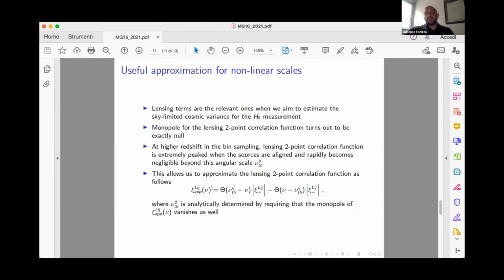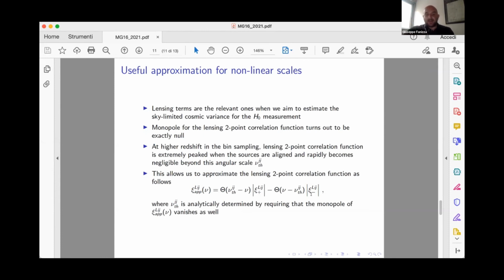First of all, the maximum and minimum must coincide with those exactly evaluated from the analytical formulas. Secondly, this approximation must reproduce the fact that the monopole of the two-point correlation function of lensing must vanish, which emerges from the exact analytical evaluations.